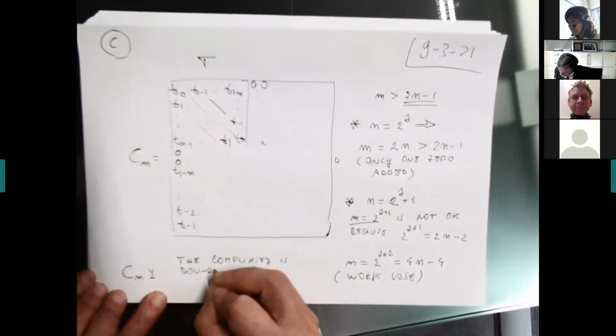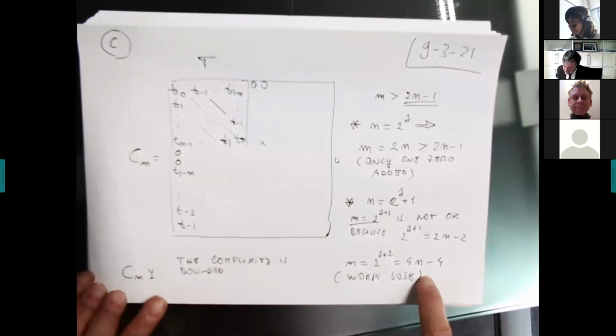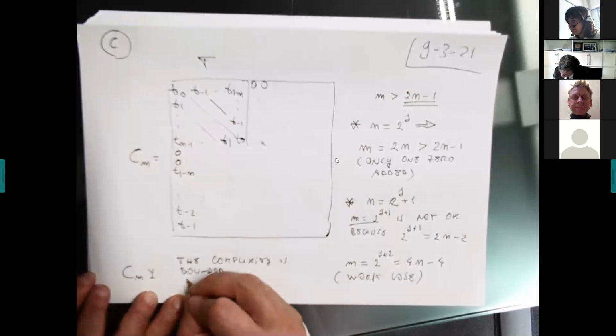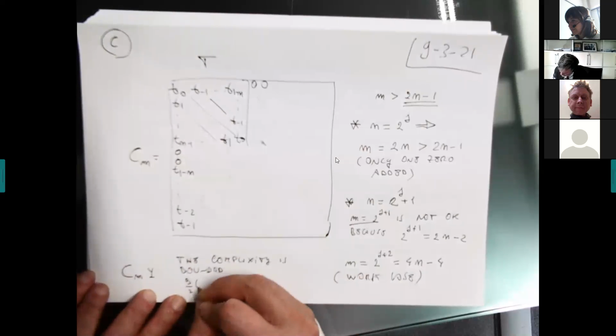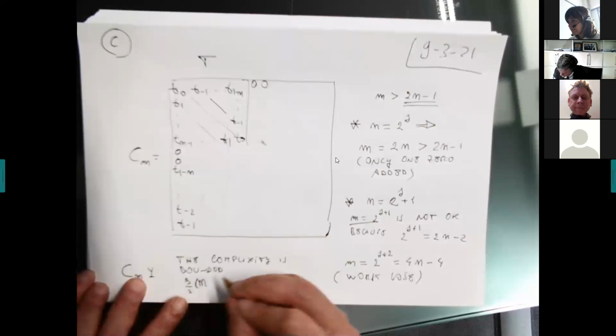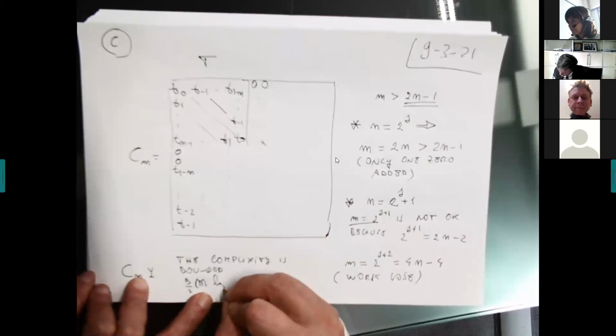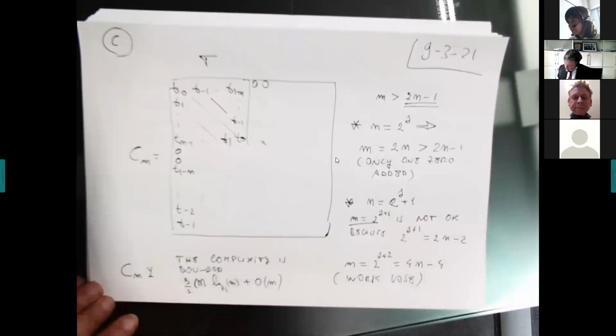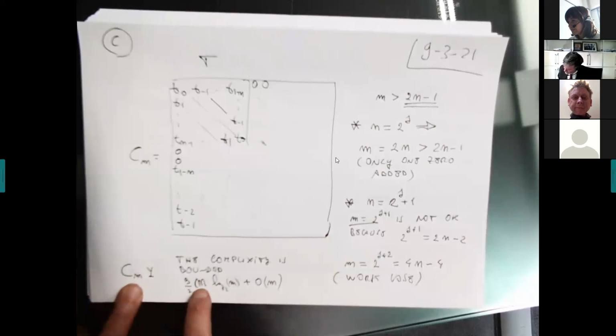I say bounded because this is the worst case of 9/2 m log 2 m plus O(m). And now we have to see which is the m. The m is bounded by 4n.